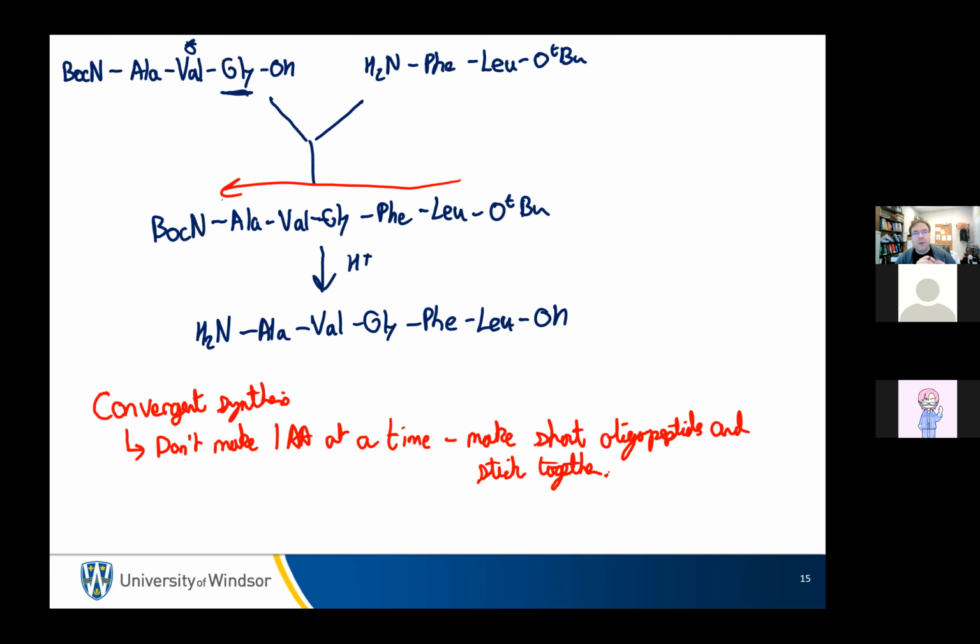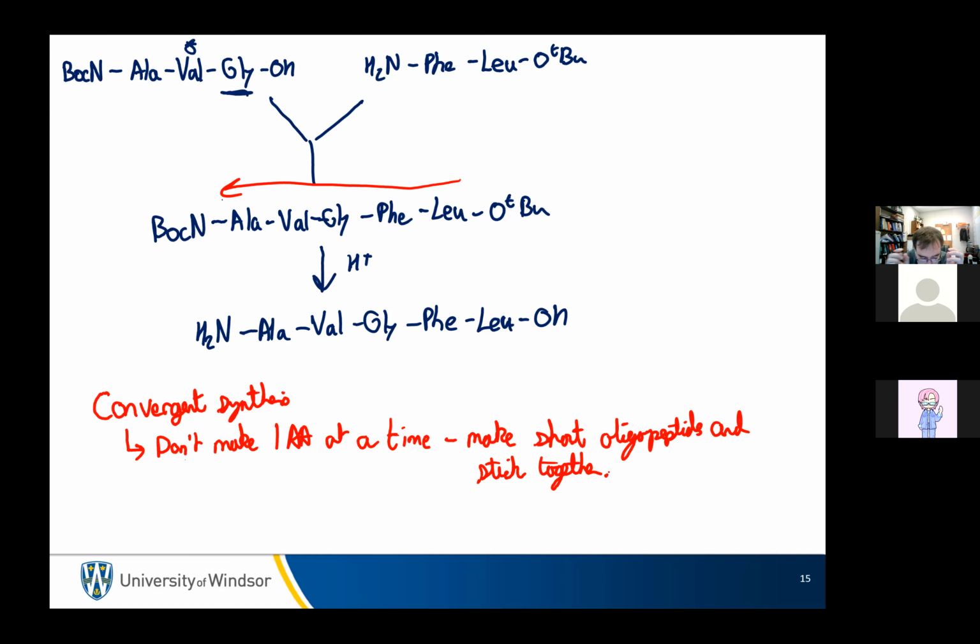You can make shorter oligopeptides and stick them together, even with the problem of inevitably some epimerization. This is almost always more efficient in solution phase because you're going to decrease the number of overall steps. What you want to make sure is that no amino acid goes through that many steps. The fewer steps any given amino acid goes through in the entire sequence, the better.